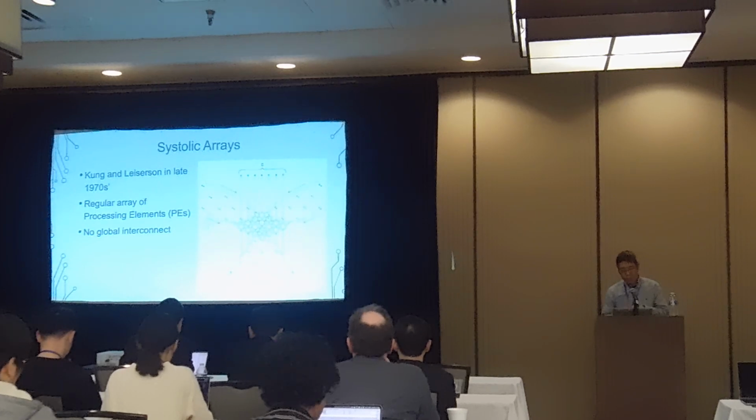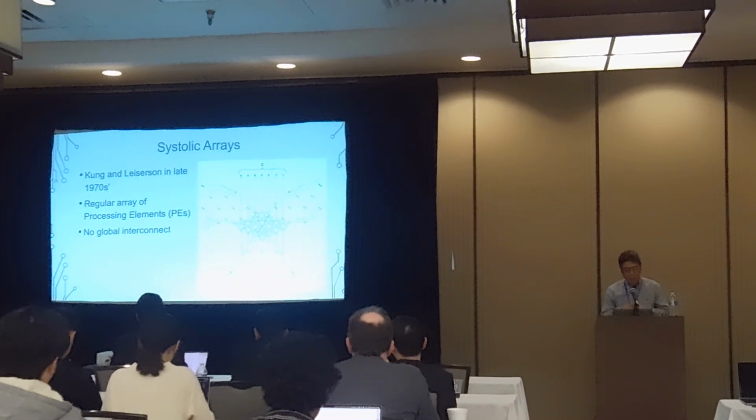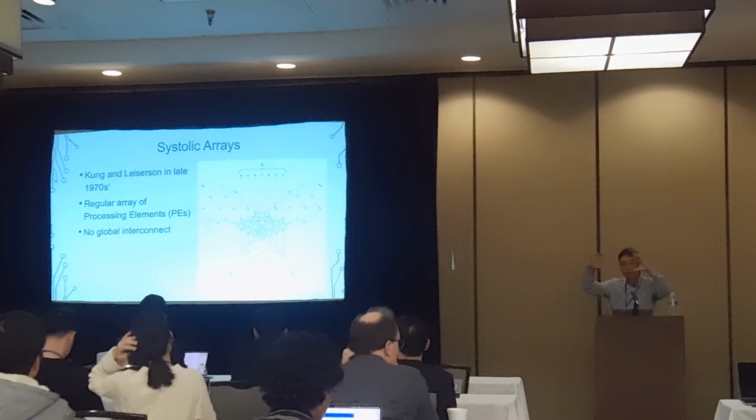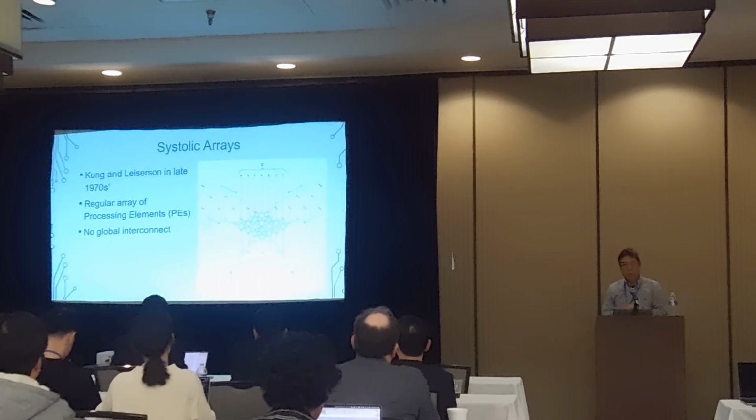And nowadays we typically see this 2D array. But if you look at one early work by Kong and Licensing, this is one picture they show. This is a more hexagon type of systolic array. This is to show how to use this type of systolic array to do matrix multiplication.